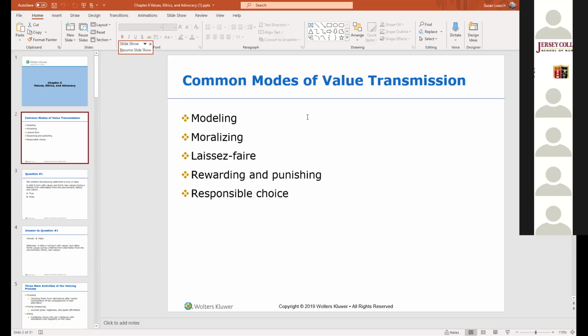Sometimes we can use things like reward and punishment to help get different things met with patients. Patients have to be responsible for the choices that they make, and we as nurses also have to be responsible for the choices that we make and take responsibility for it.